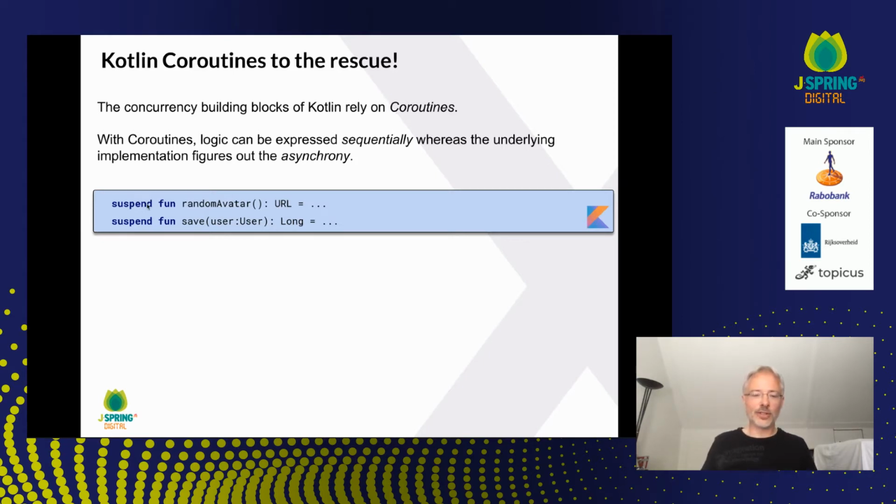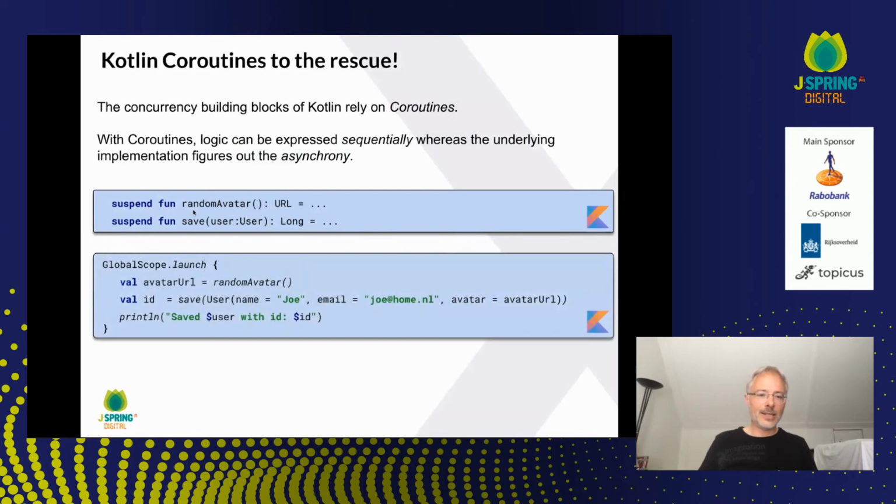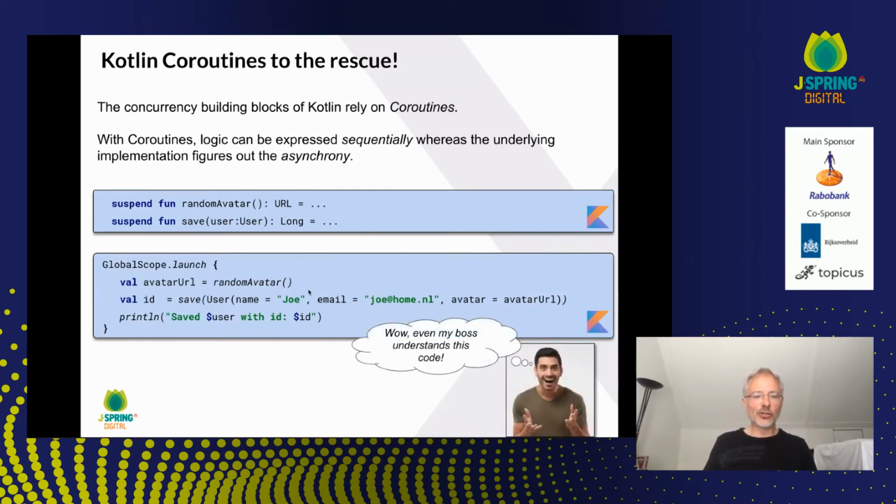In a minute, we will see what this means. This is how I would call this piece of code. You simply say random avatar, avatar URL, save the user, directly accessing the value without having to fiddle with another abstraction which allows you to do this asynchronous programming. So if you would show this piece of code to your boss, I'm really sure he understands it. And whenever a boss understands code, then I think it's really straightforward.